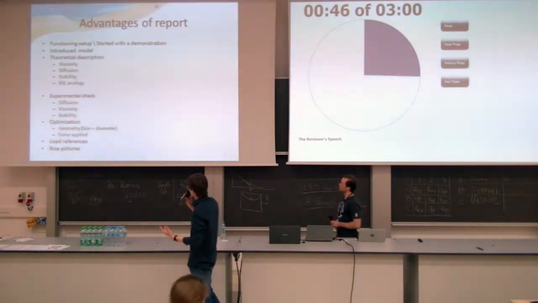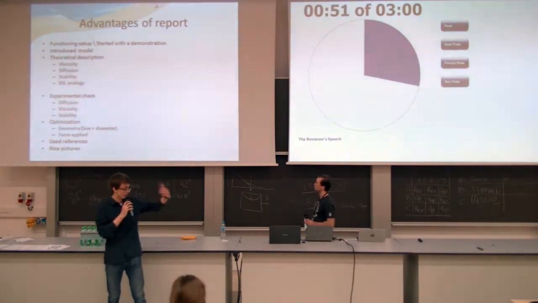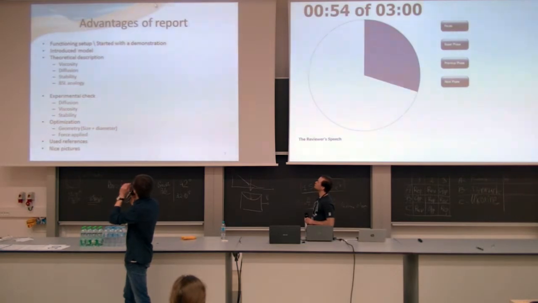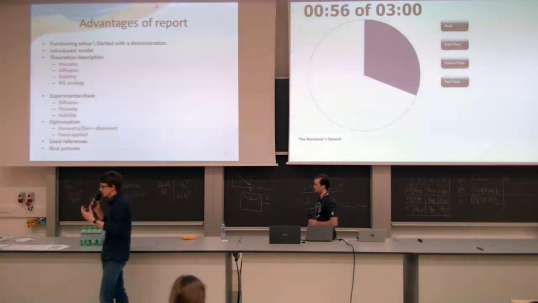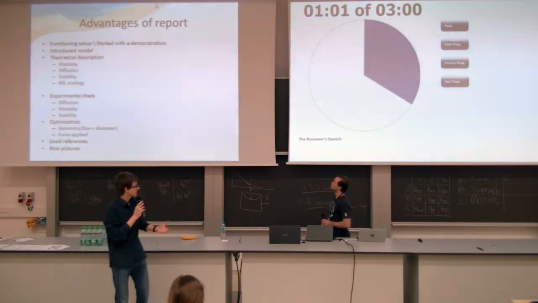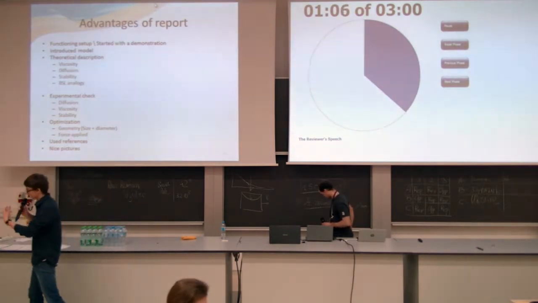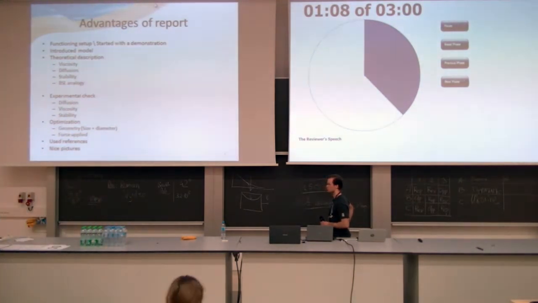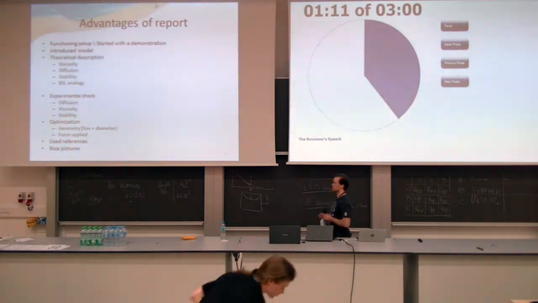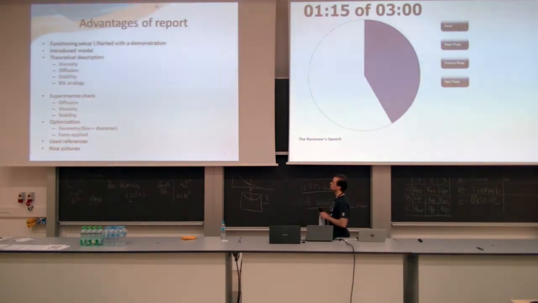Then we saw a theoretical description where you outlined 3 factors that might influence the vortex as it's going through, and then you focused in detail on every single one of them: the viscosity, the diffusion, and the stability. We really enjoyed your analogy, and we think that was an elegant way of having a research and theoretical part. Then you had an experimental check where you showed for every single one of those 3 destruction factors, you checked the diffusion, viscosity, and stability points by having separate experiments. That was really good.